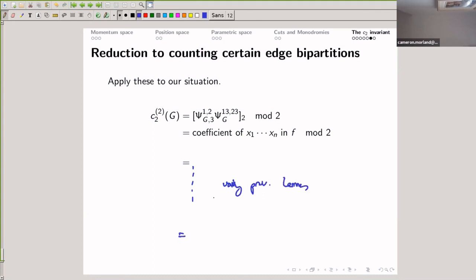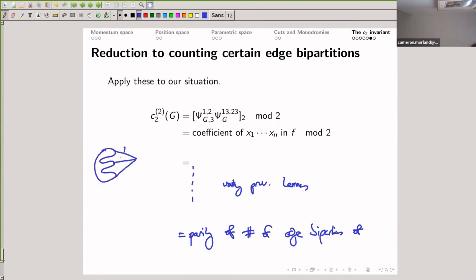So through some calculation using previous lemmas, in the end, what you get is that this is the parity of the number of edge bipartitions of the graph G. This is in the situation where the graph G has a 3-valent vertex and the edges going into it are 1, 2, and 3. Let's call the blob inside H here.